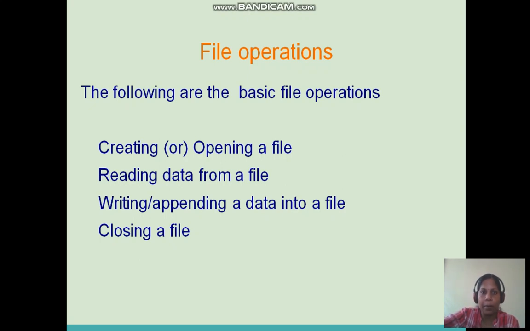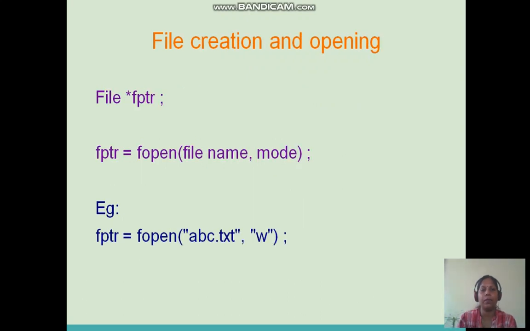So in C programming, to perform all these operations, we have some functions. Now, for file creation and opening, we use the built-in function fopen, F-O-P-E-N. The same can be used for file creation as well as opening.